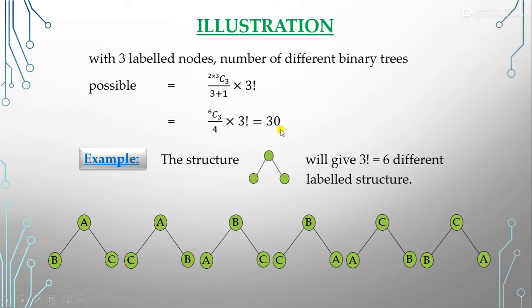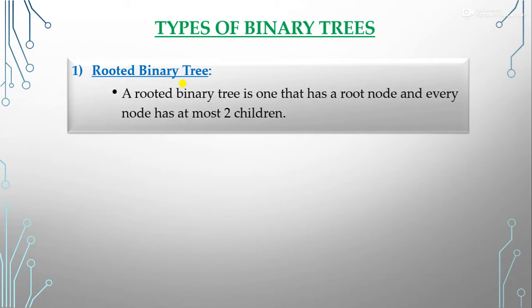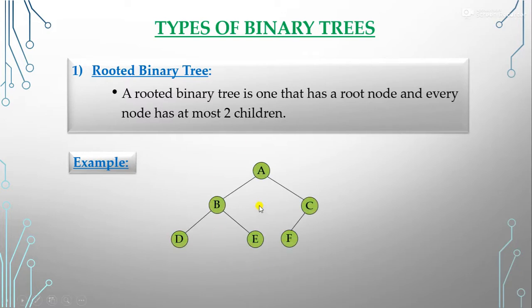Now, types of binary trees. The first one is the rooted binary tree. What is a rooted binary tree? A rooted binary tree is one that has a root node and every node has at most 2 children. Let's suppose we have this one.